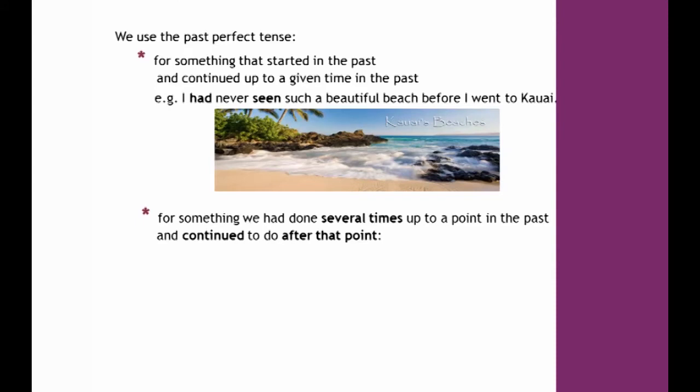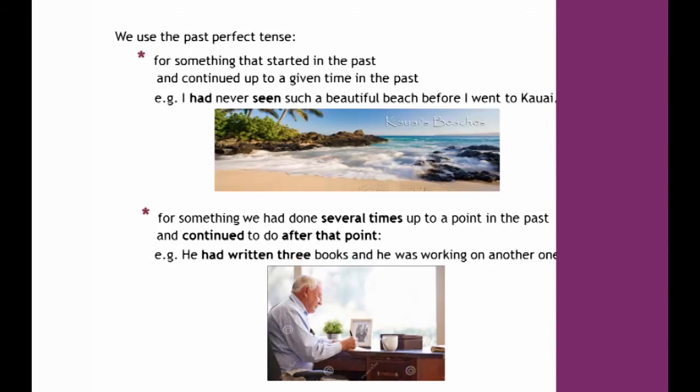A second usage is for something we had done several times up to a point in the past and continued to do after that point. So, he had written three books and he was working on another one. He had started before and he is continuing with another one.